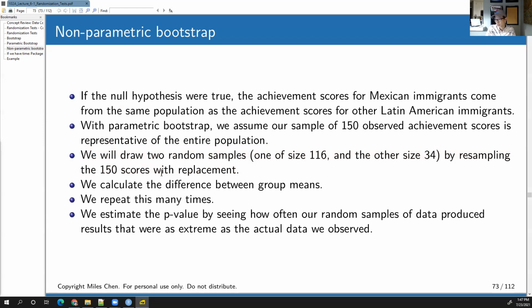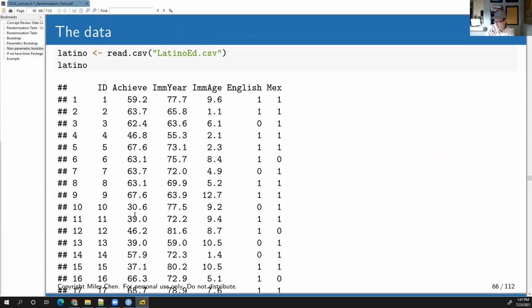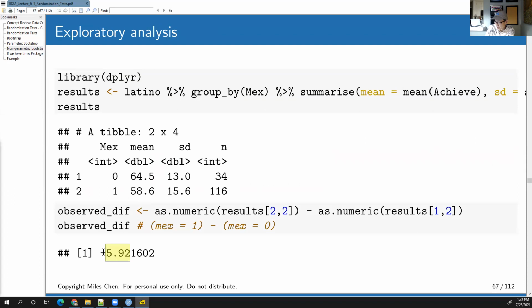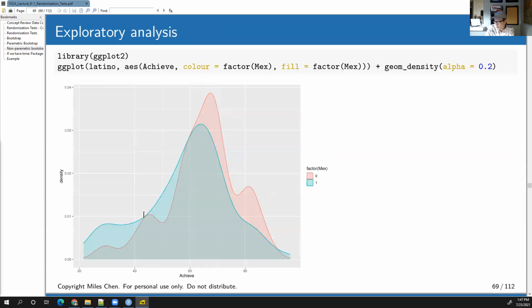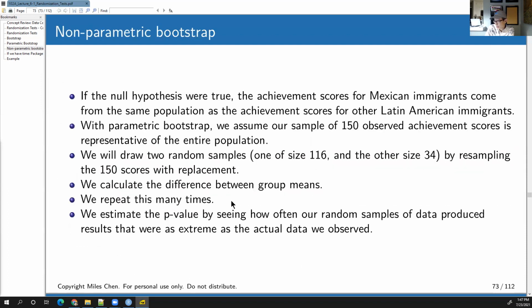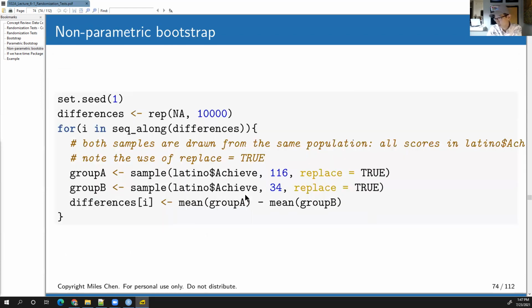So we're going to say, okay, here I have 116 random values for scores. What's the mean for these 116? Here's 34 random values. What's the mean of these? And what's the difference that we get? What we observed back here was that the difference in our data was -5.9. And the question is, how often do we get a difference of 5.9?